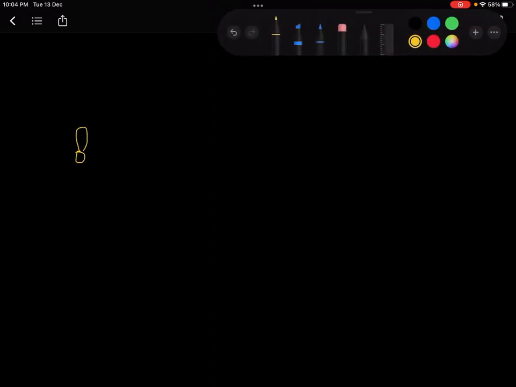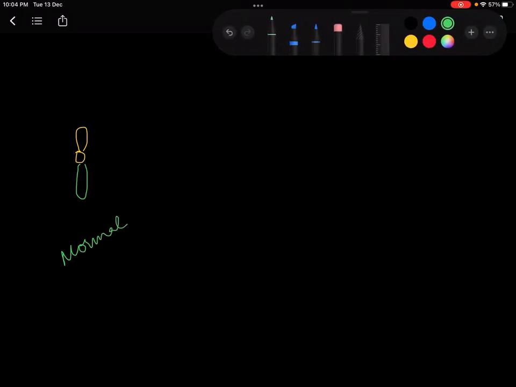Just look at this. Let me draw a normal one first. Let me draw it with two colors so that you are able to understand. This is normal. Now let me say that the green part gets altogether deleted. So now the green one gets deleted and the yellow one duplicates itself and gets reattached.